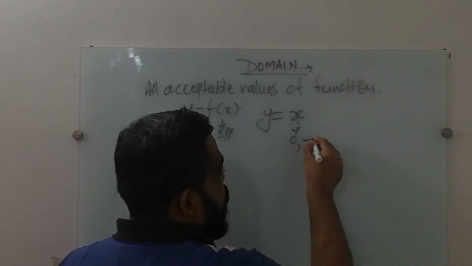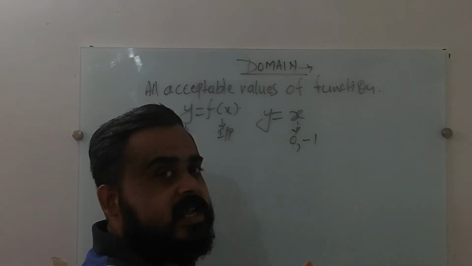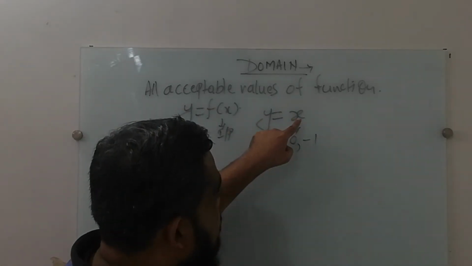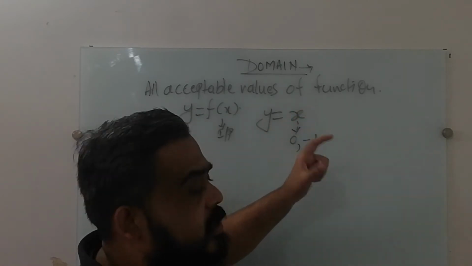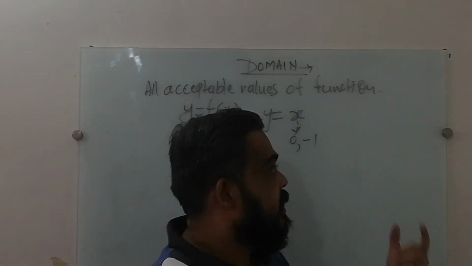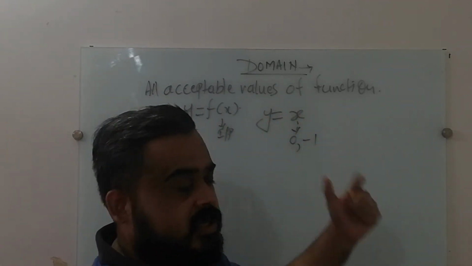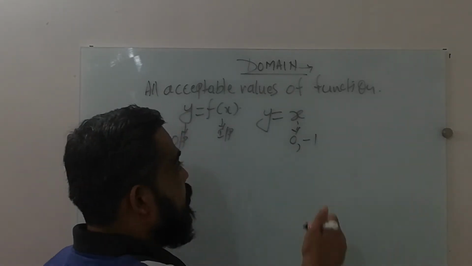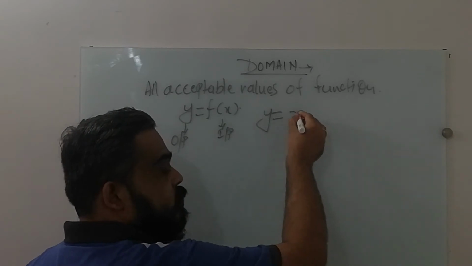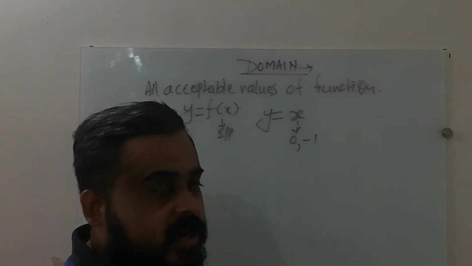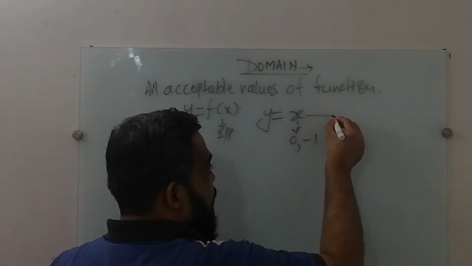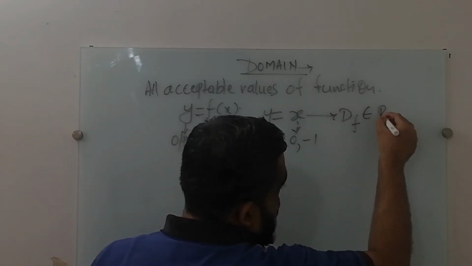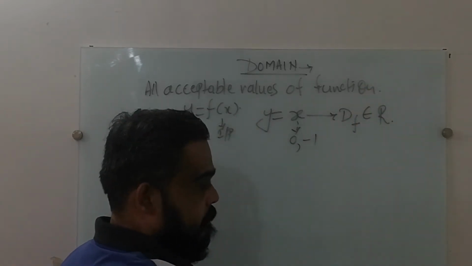Whensoever we substitute the value of x, correspondingly the same value of y is obtained. And there is no problem in substituting any real number in place of this x. Therefore, since there isn't any problem in substituting the values on the right hand side of this equality, we will say that domain of this function is all real numbers.